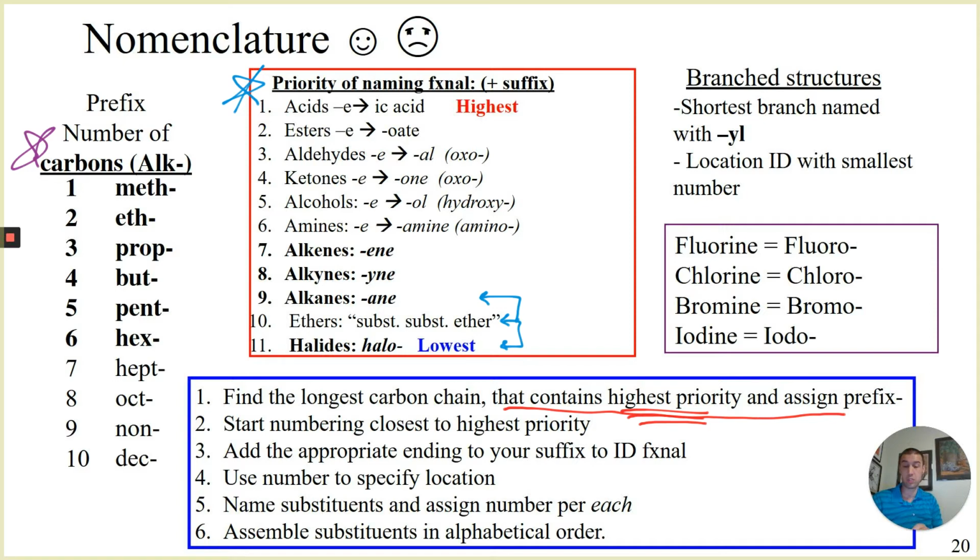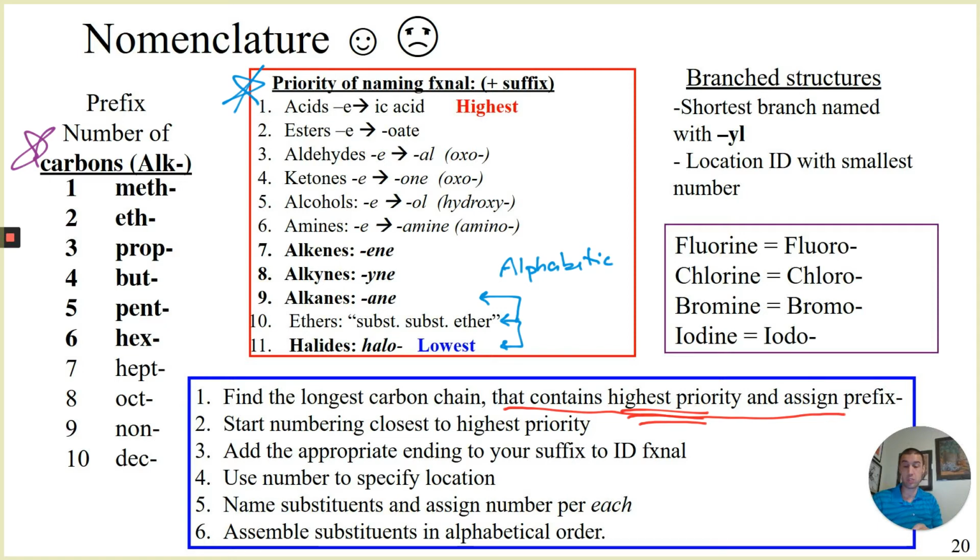That other system, hopefully you remember from first semester, would be an alphabetic system. So in cases of ties, you'd go based off of alphabetic order. Fluoro comes before methyl. Chloro comes before ethyl, based off of the alphabet.